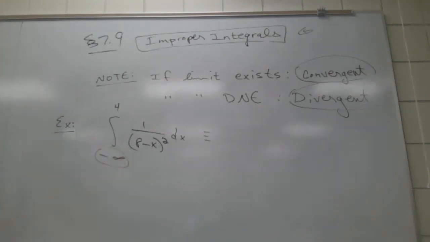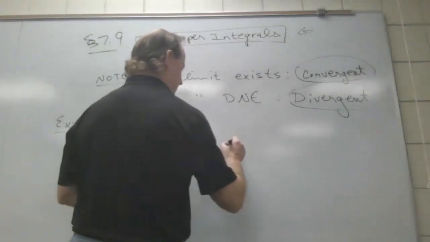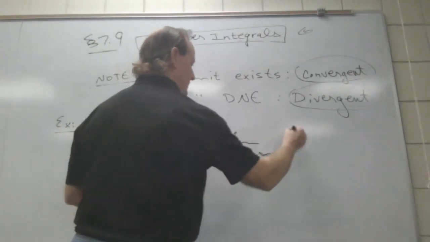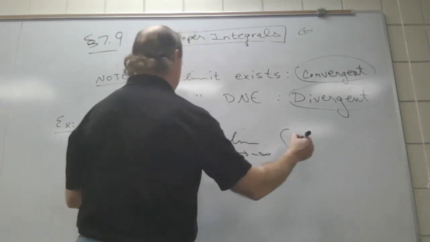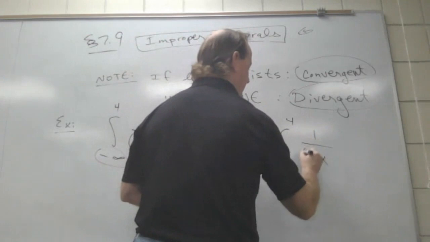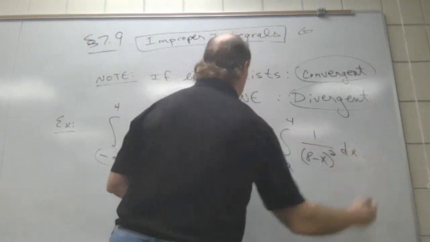I want to replace the lower limit, right? With what letter? A. Okay. So it's going to be the limit as a goes to negative infinity of the definite integral from a to 4 of 1 over (8 minus x) squared dx.